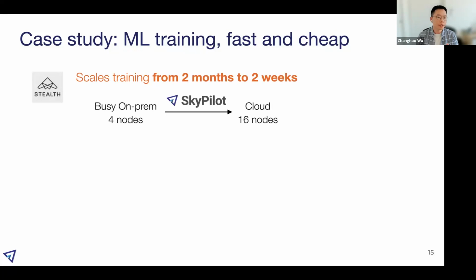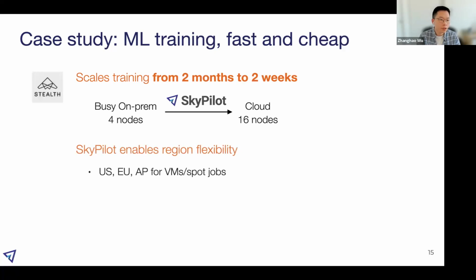With SkyPilot, they are now able to launch the job to the cloud with 16 nodes, reducing the job running time from 2 months to 2 weeks. They also took advantage of SkyPilot to use multiple regions in AWS to get the best availability for GPUs and the cheapest prices. Now SkyPilot has become a core part of their cloud stack as well.